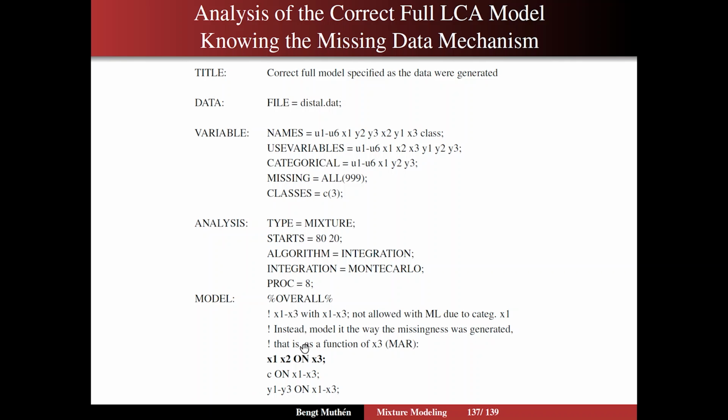A variation on this theme is that we ignore the missing data mechanism, we pretend that we don't know it, and that is the case actually. We don't know it in real data, and then this slide would have the WITH statement instead, and this slide would represent a one-step analysis, which we showed in earlier slides.